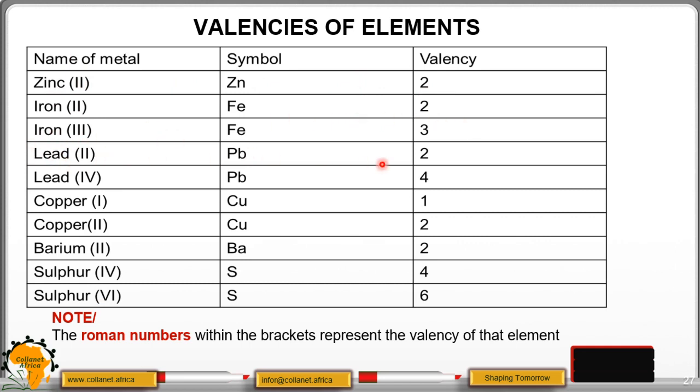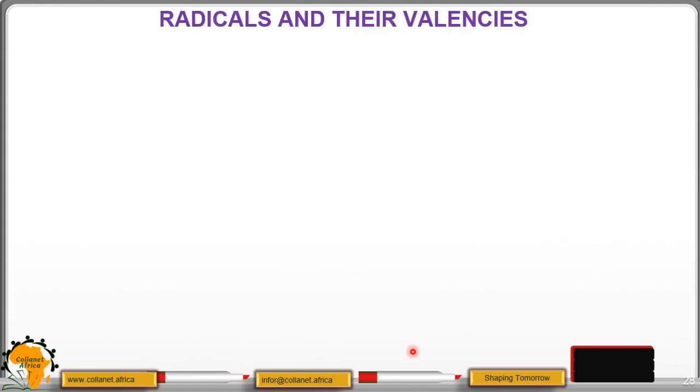Lead 2 to lead 4 in Roman to be valency 4. Copper 1, copper 2, barium 2, sulfur 4, and sulfur 6. So the Roman numbers within the bracket represent the valency of that element.